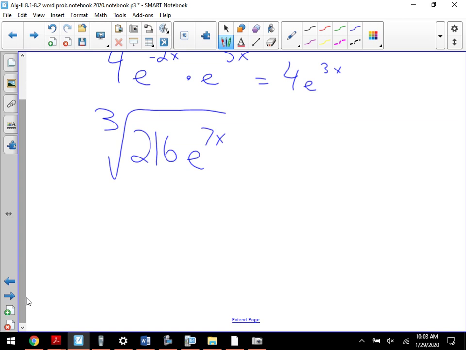You know 6 times 6 ends in a 6. 36 times 6 is 216. So this becomes 6 e to the 2x cube root e to the x. How many times does 3 go into 7? Twice, and then there's 1 left over.